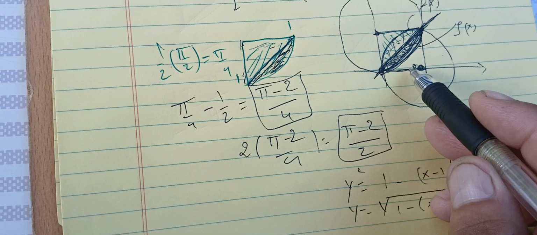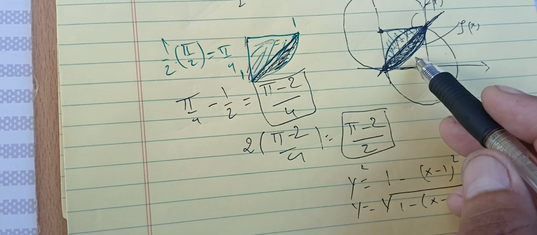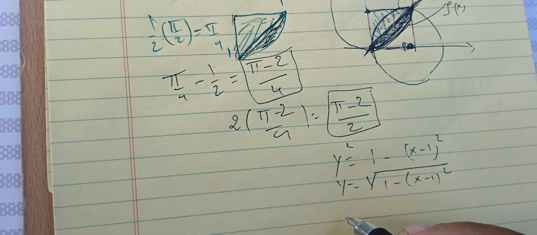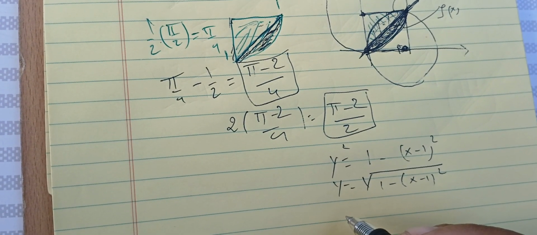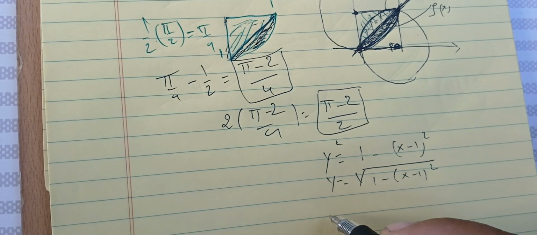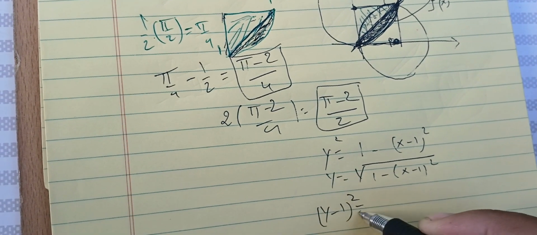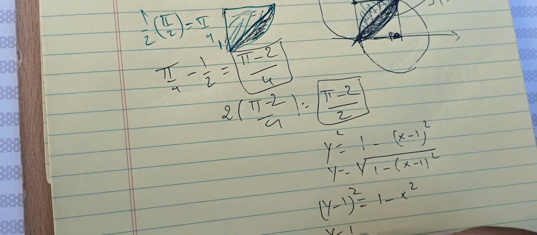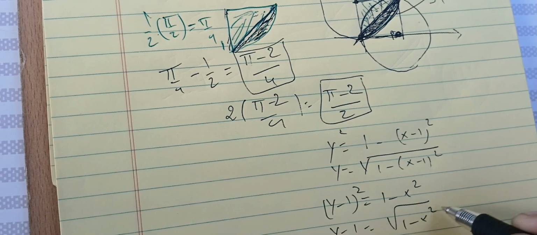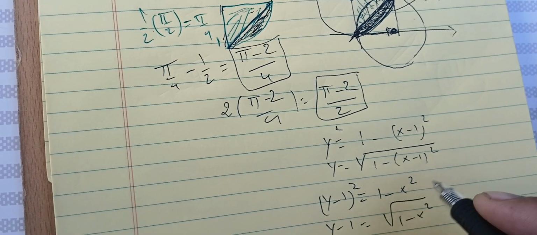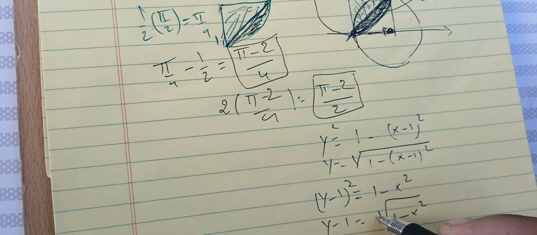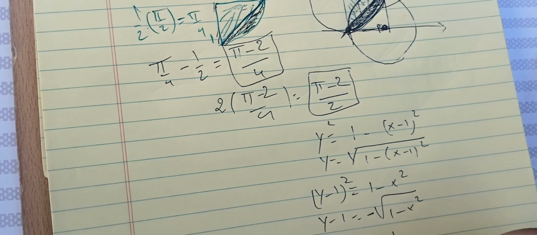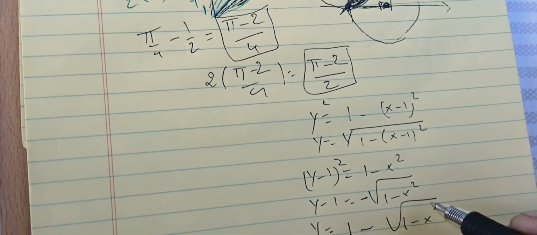For the lower part, (y minus 1) squared is 1 minus x squared, and taking the square root with a minus sign since it's the lower one, then adding 1, g of x is 1 minus the square root of 1 minus x squared.